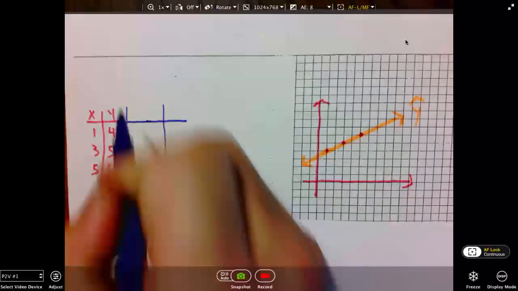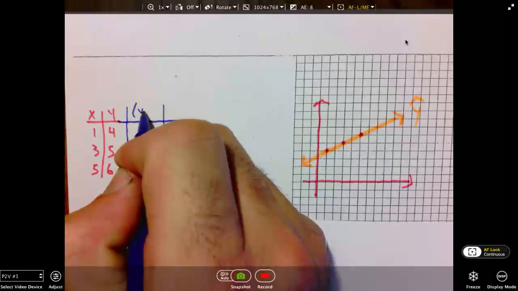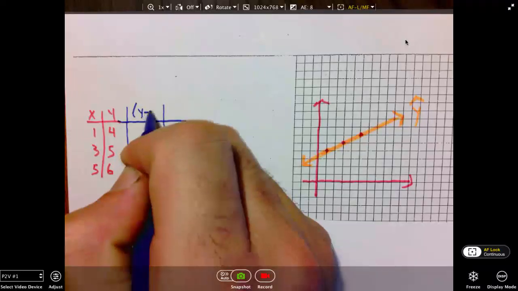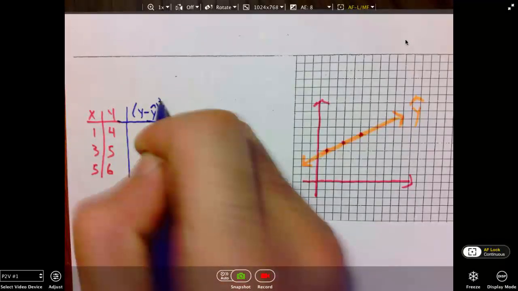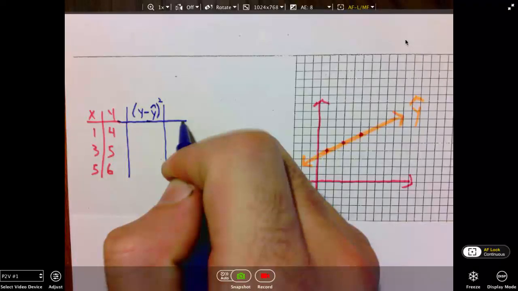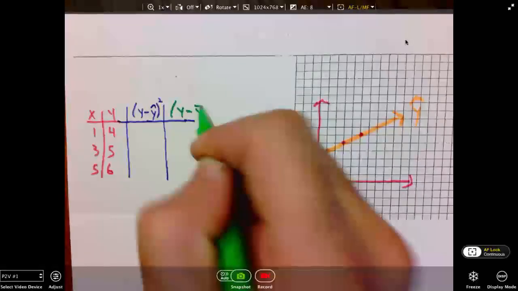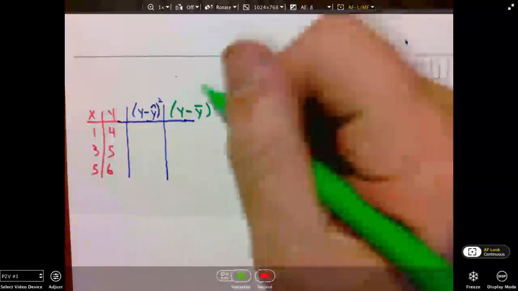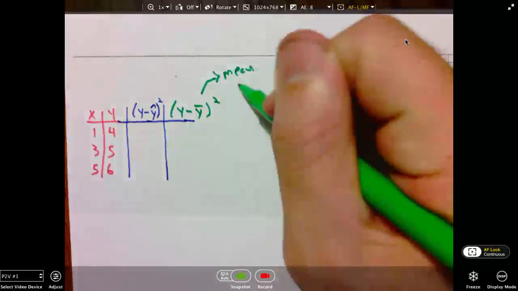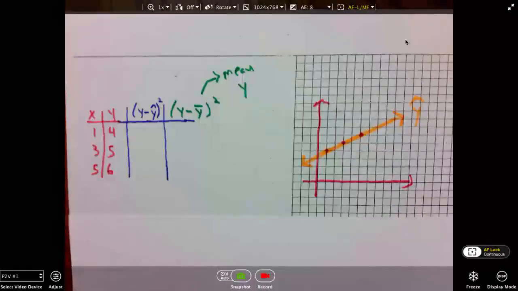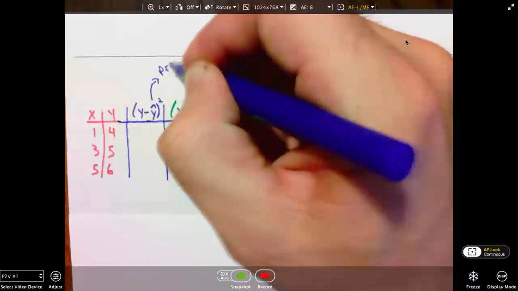We're going to need the quantity y minus y hat quantity squared, and we're separately going to need the quantity y minus y bar quantity squared. This y bar is our mean y. This y hat is our y predicted by our regression equation.